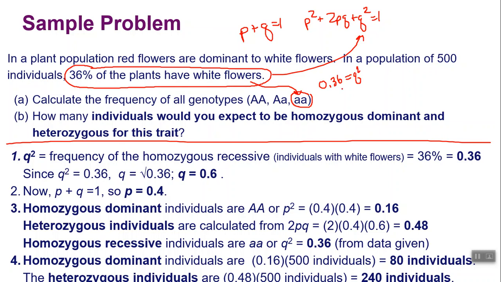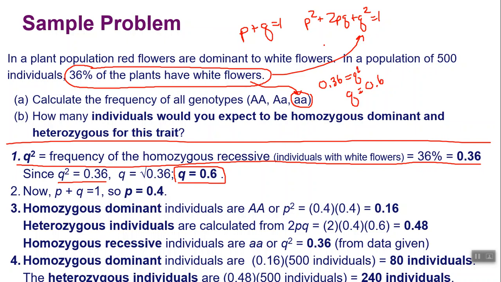What do you want to do next? Well, I mean, you can just go ahead and read it. The key is right here. Since you know Q squared, you can square root it and solve for Q. So Q equals 0.6.